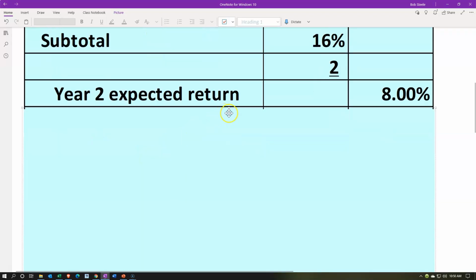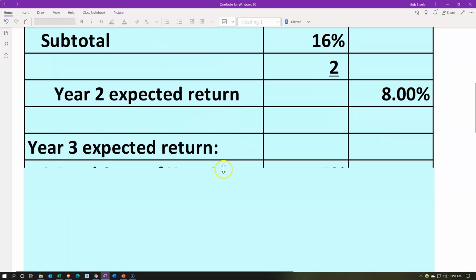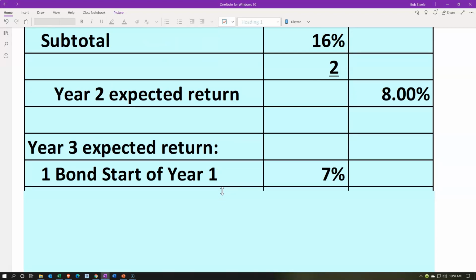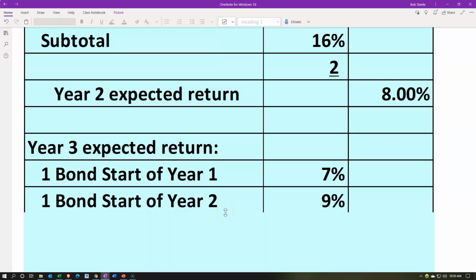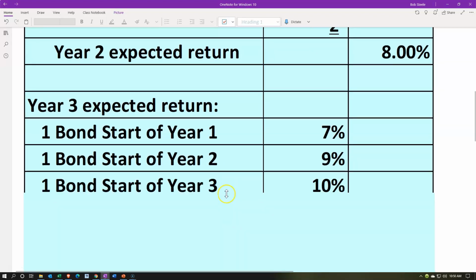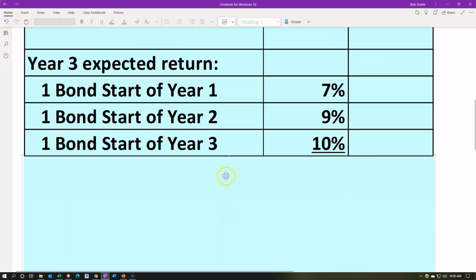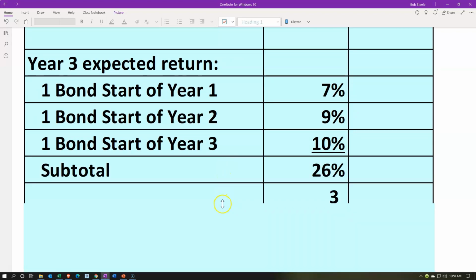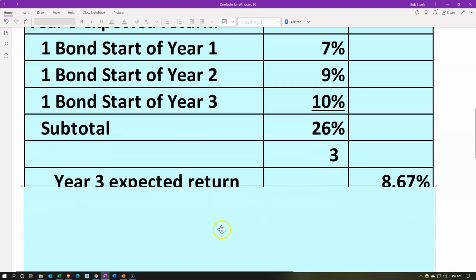So then in year 3, we have the bond for the first year at 7% that we still have, that we're going to get a return on, the 9% that we're going to get a return on, and then the 10% that we're going to get a return on. If we add those up, that would be 26 divided by 3, taking the average because there are 3 of them now. And that's going to give us 8.67.